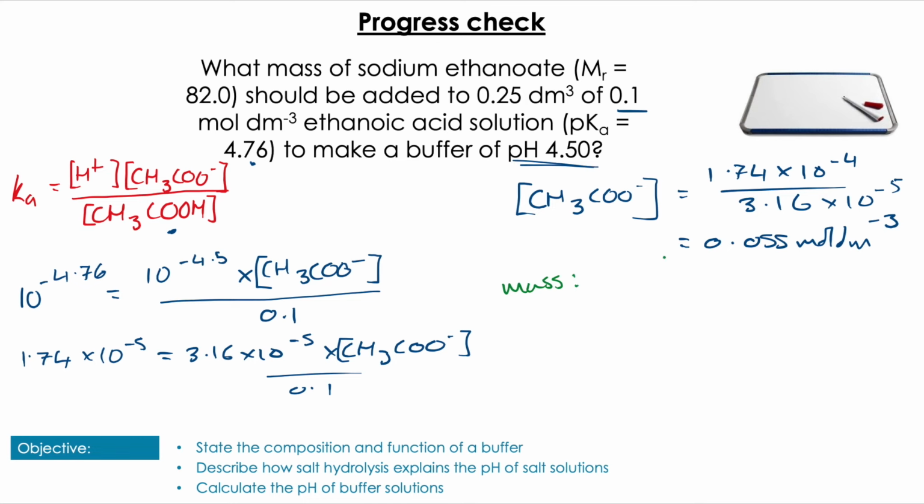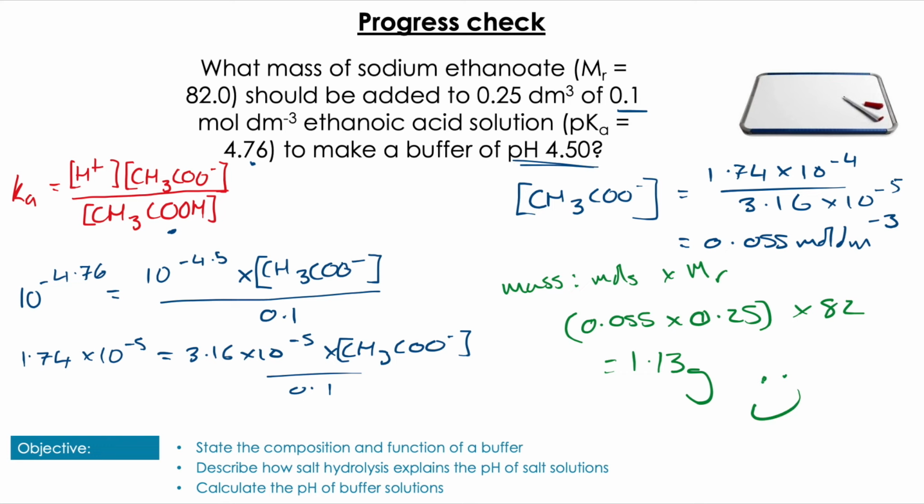I then want to find out my mass of ethanoate, so I'm going to need my number of moles multiplied by my Mr. I find my moles by taking the concentration I found and multiplying it by the volume, and then multiplying the number of moles by the Mr. That gives me 1.13 grams.